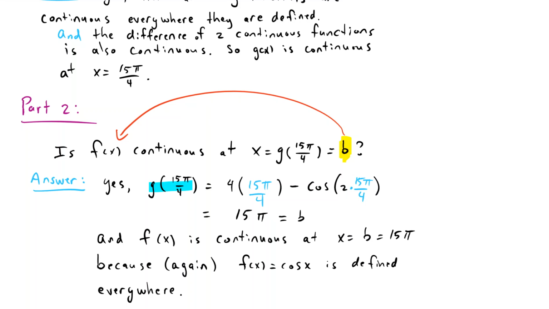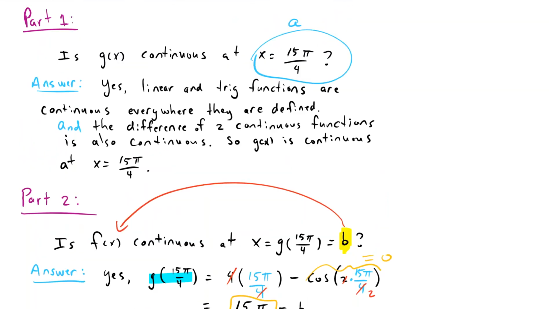We have some cancellation here with the 4s. We also have cancellation here. This 2 becomes a 1, and this 4 becomes a 2. Now the cosine of 15 pi over 2 is actually 0. So that just goes away. So all we're left with is just 15 pi. So our b value equals 15 pi.